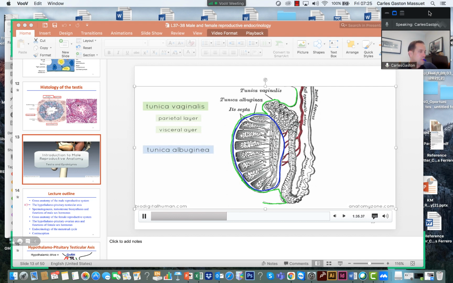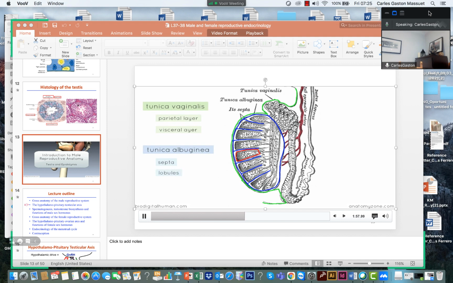And as you can see here, the tunica albuginea forms these projections which project into the testis and divide it up into lobules. These projections from the tunica albuginea are known as septa, and the spaces between each of these septa are called lobules.